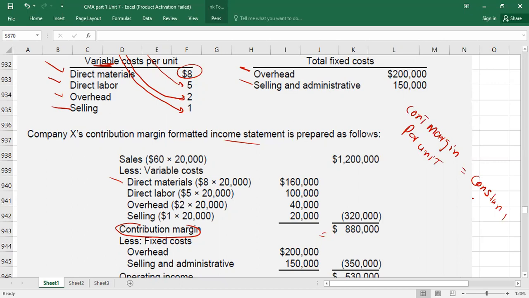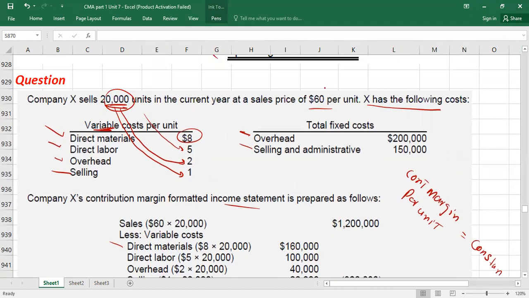If you want to calculate contribution margin per unit, there are two ways. Number one is to take the sale price, which is $60, less all variable costs per unit, which is 16. 60 minus 16 is 44, so 44 is the contribution margin.